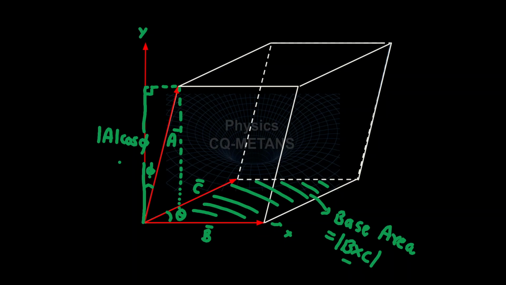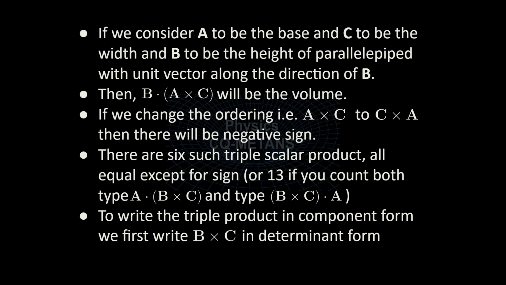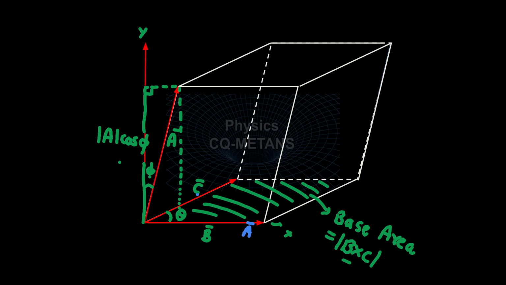Now rather than this b, if I call this vector something different, let's take another thing. Let us call this vector a, and this vector to be c only, and this vector to be b.